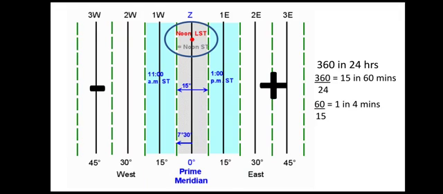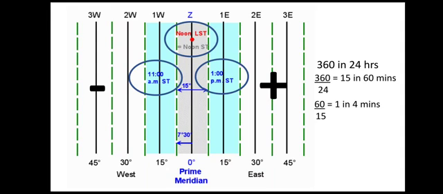Thus, when it is 12 noon at Greenwich, then the time at 15 degrees east of Greenwich will be 15 degrees into 4 minutes, equal to 60 minutes. That is 1 p.m. And 15 degrees west of Greenwich will be 11 a.m.